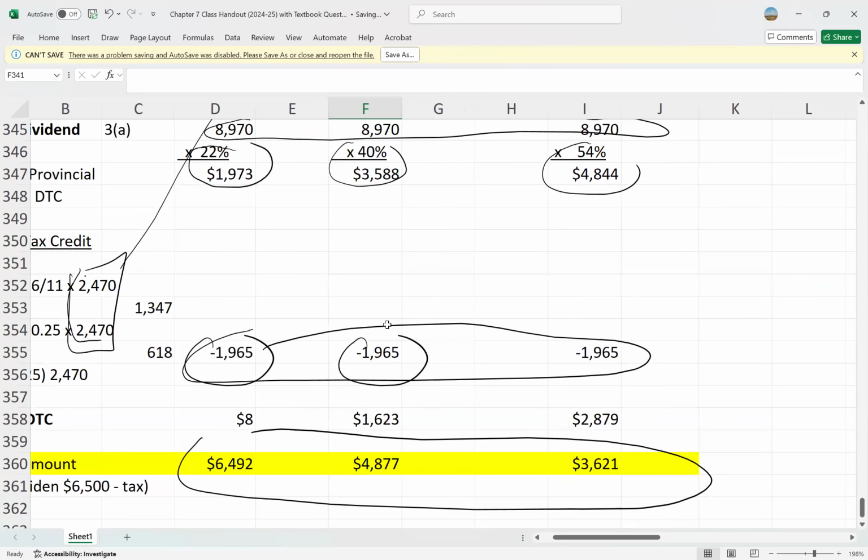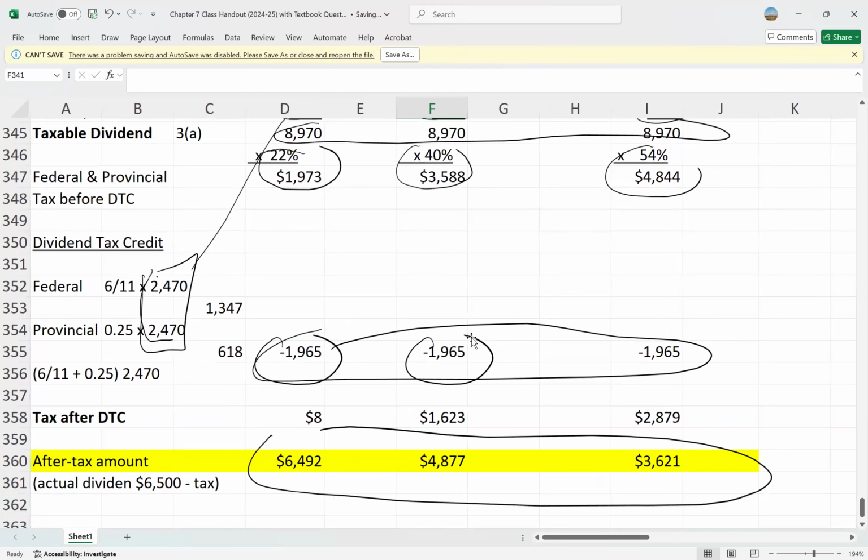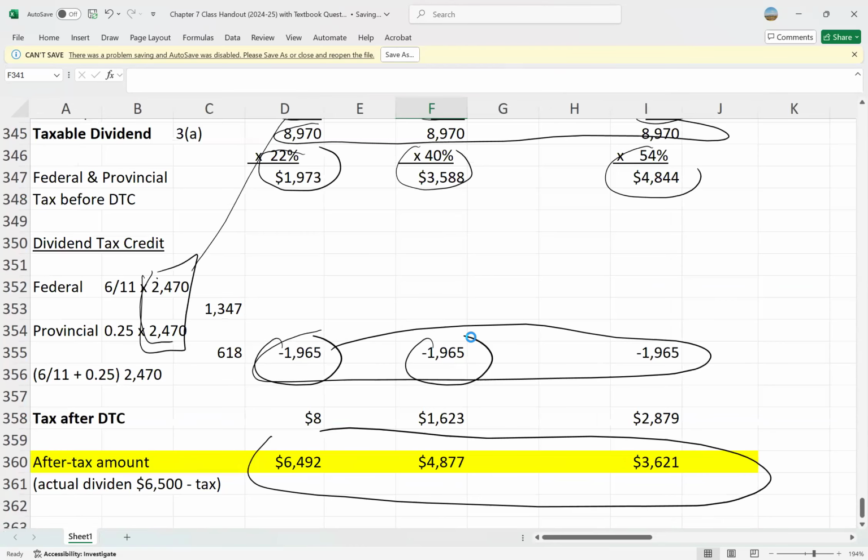Any questions about these calculations with respect to the dividend income? It is a unique set of calculations. So once again, when you're preparing for the midterm, use the textbook exercises and the self-study problems to help you understand these calculations.